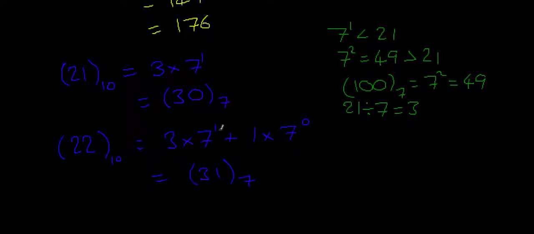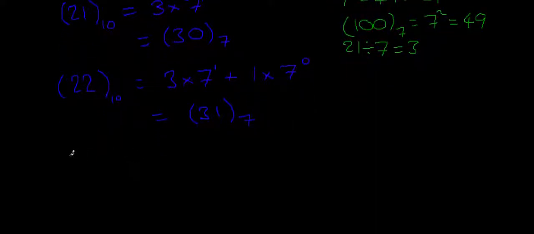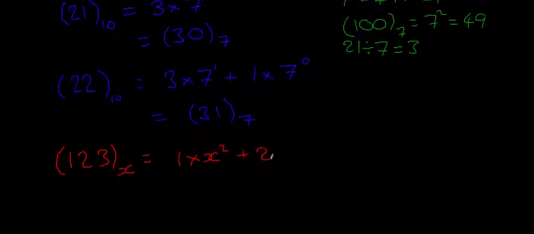Now let's do a funky example. Say I had the number 123 in base x. What's this going to be equal to? If we follow the same strategy we've been using, this is going to be 1 times x squared plus 2 times x to the 1 plus 3 times x to the 0.